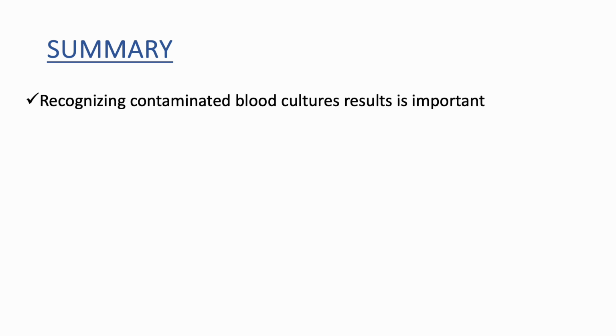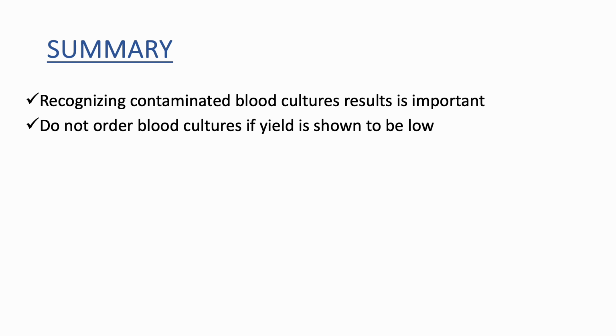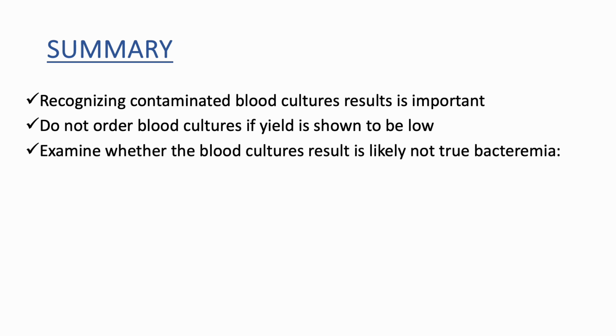All right, so in summary, recognizing contaminated blood culture results is really important because it has a lot of consequences and sequelae, as we talked about. Do not order blood cultures if the yield is shown to be low, especially if there's evidence that it's not indicated in these clinical scenarios. We gave some examples for that.